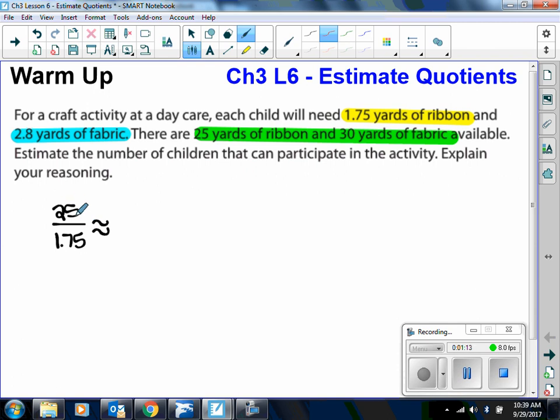So this says 25 divided by 1.75. If I divide 25 by, let's say, 2, that's going to be 12 and a half, so it's going to be about 12 kids.